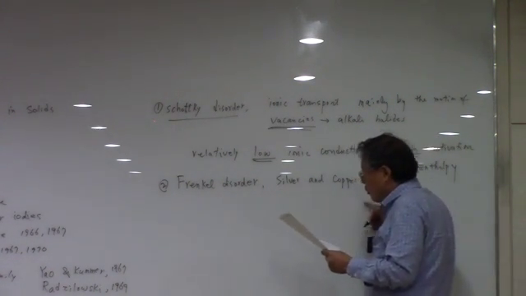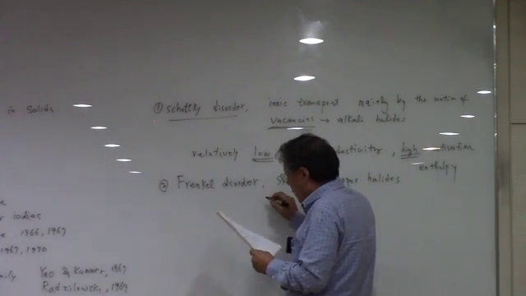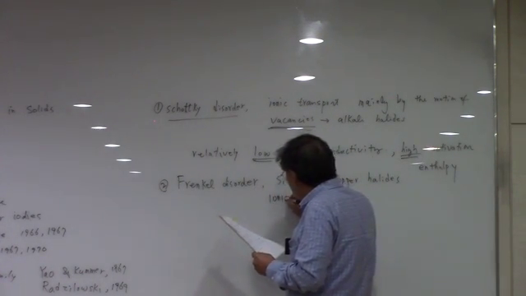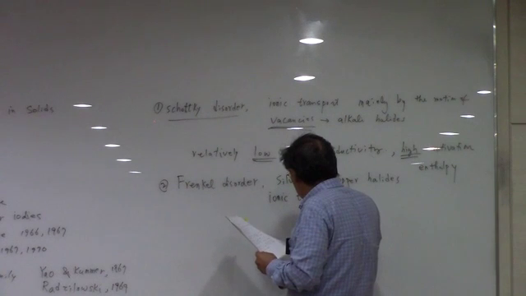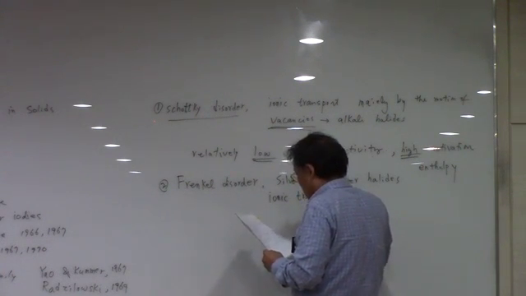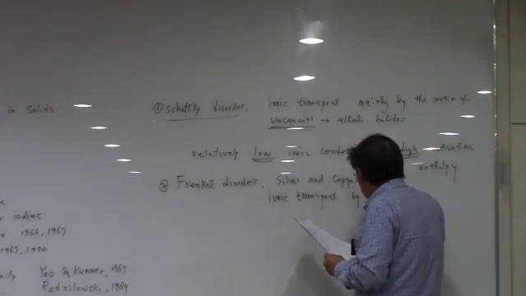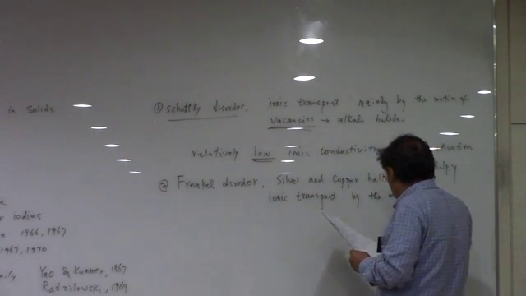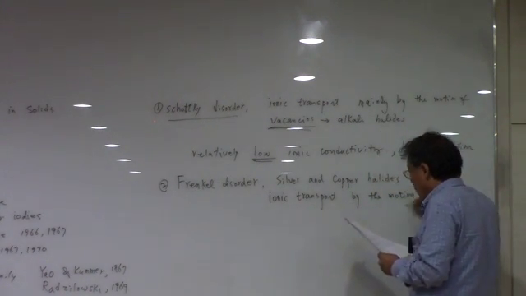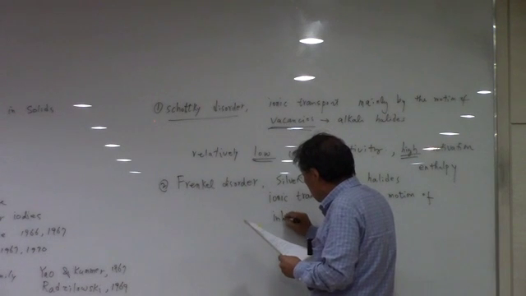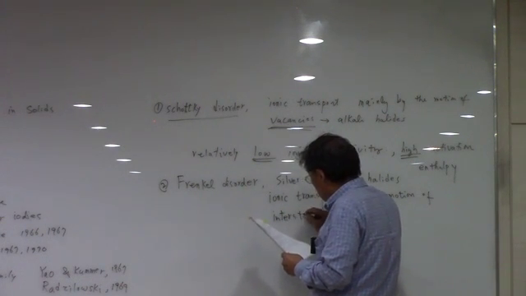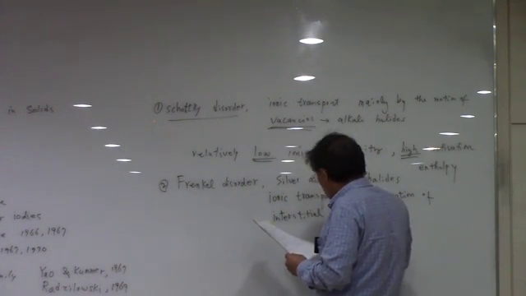These materials show the Frenkel disorder and ionic transport by the motion of interstitial species.